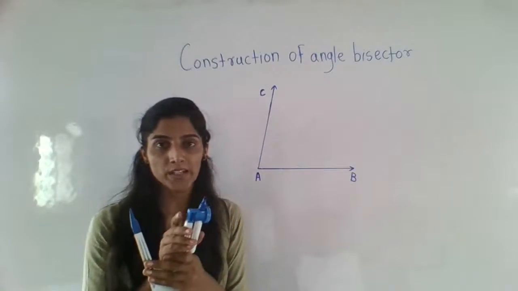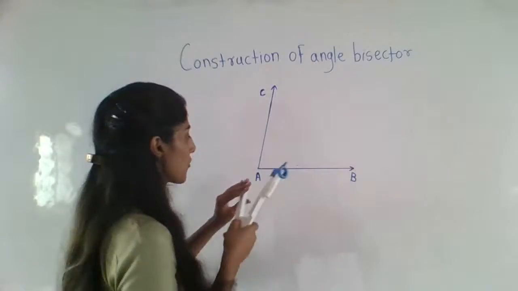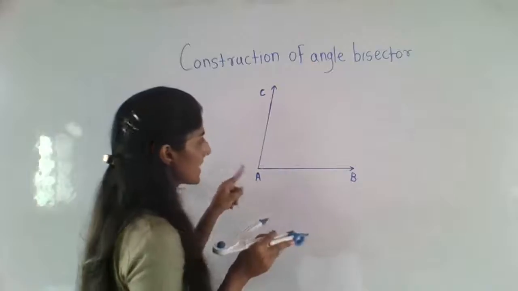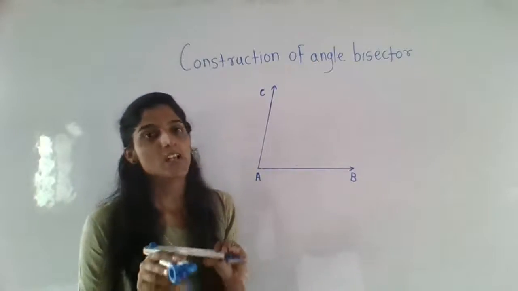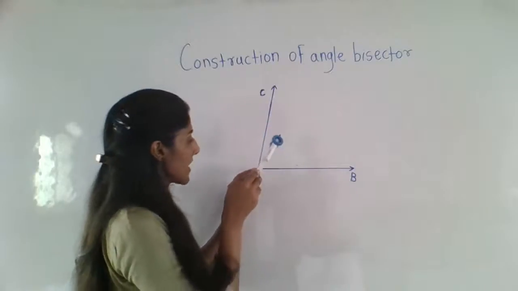It is the point of your pen or pencil. Now place the point of your compass on the vertex of the angle, and the vertex of the angle is A. Now with any distance you can draw the arc which cuts the ray AC and ray AB.